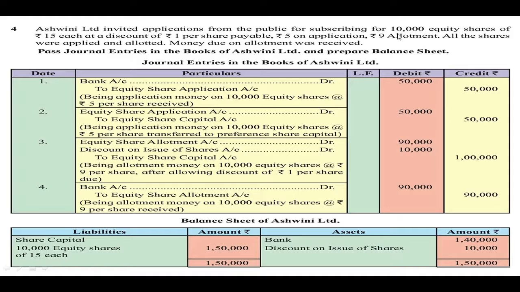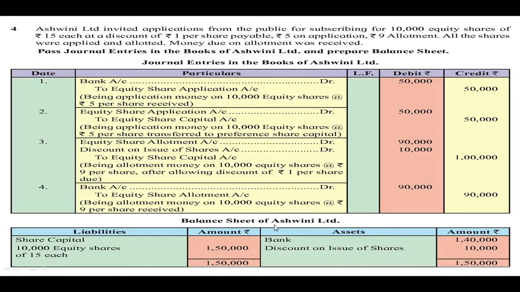So shares are worth rupees 1 lakh, but then the discount of 10,000 is given, that is rupee 1 per share. So that is why the company will receive only rupees 90,000 by allotment. So the fourth entry is for the receipt of the allotment money.